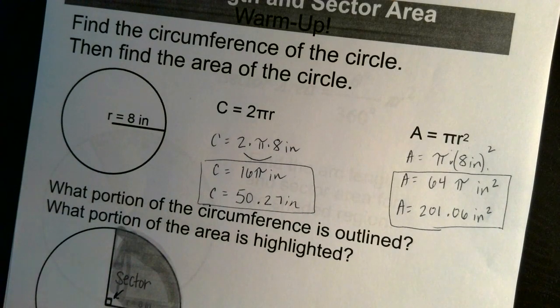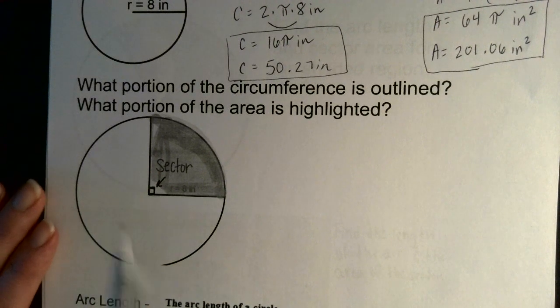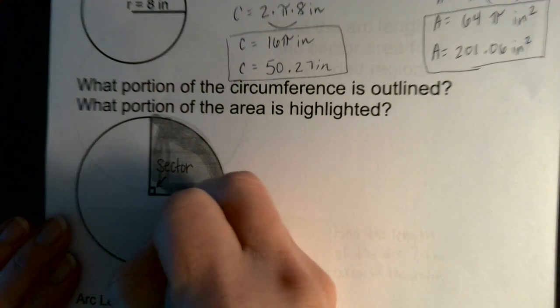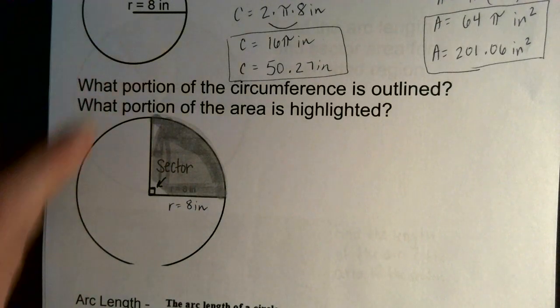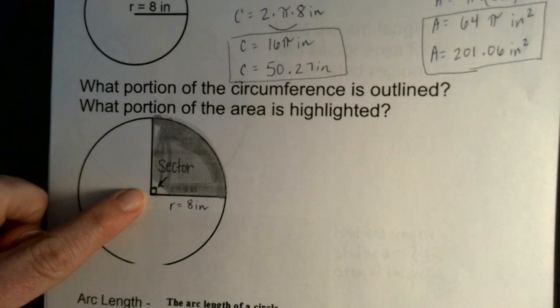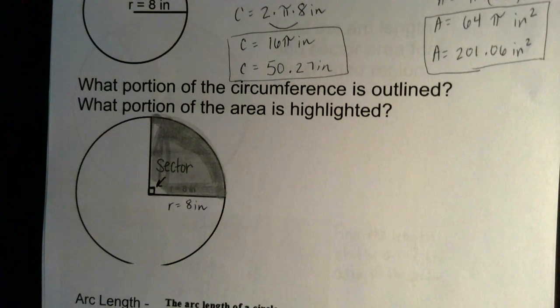Okay, so I'm looking to see what portion. I have a circle here. This radius is 8 inches. Same radius as above, but I have this section that is highlighted. My highlighter didn't quite work so well when I printed it off in black and white.